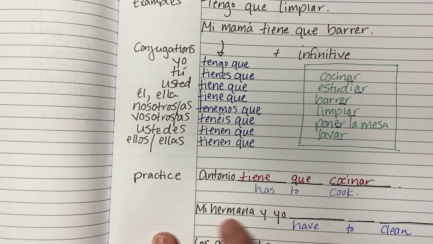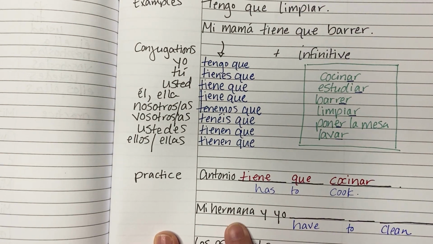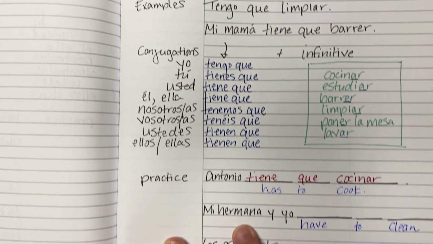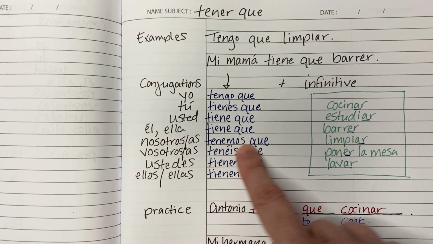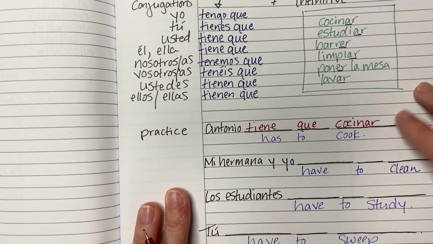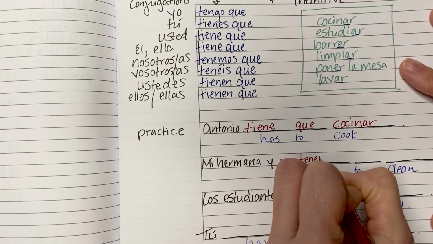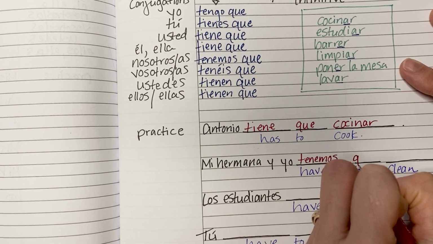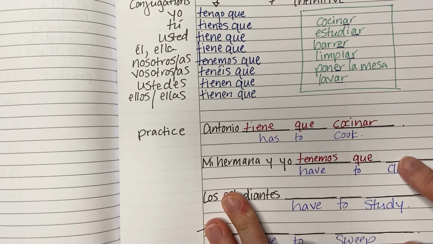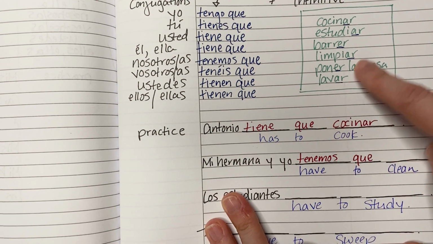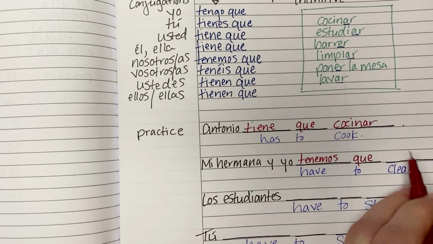All right, my sister and I have to clean. My sister and I would be we, so we'd use the nosotros form, right? Tenemos que. So mi hermana y yo tenemos que. And then we're going to leave clean in the infinitive form, limpiar.